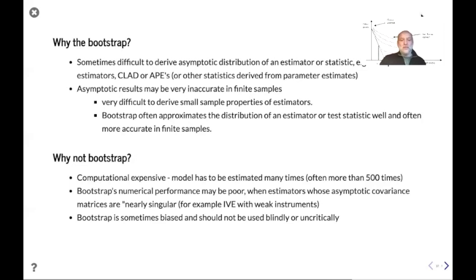Okay? Bootstrap numerical performance may be poor when estimators' asymptotic variances are nearly singular.